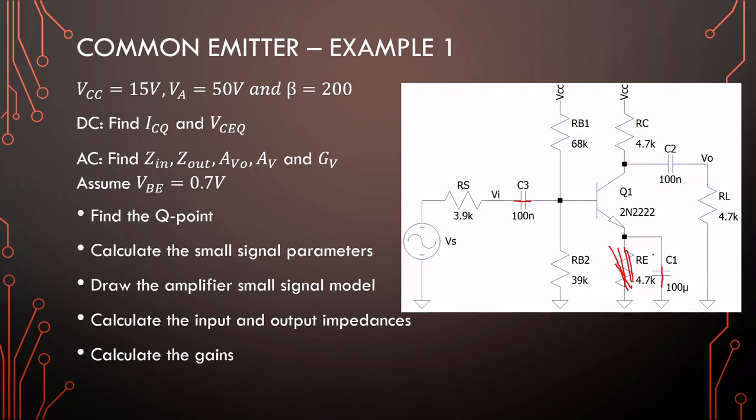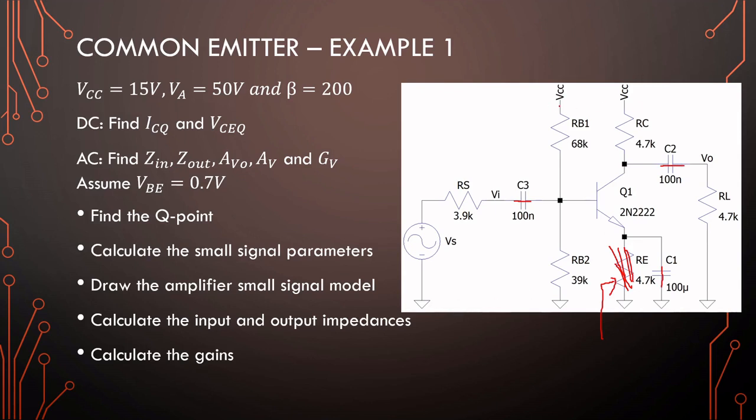So that resistor will not appear in the small signal. So this resistor only has a function in the DC analysis, and that is for bias stabilization. Right, and this capacitor here will become a short, making the load visible to the amplifier.